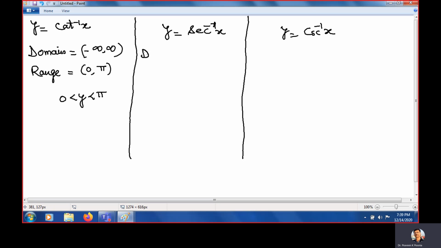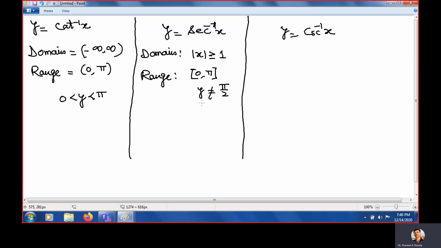If you see here, what is the domain for this? The domain is mod of x greater than or equal to 1, while the range is 0 to pi, but y will not be equal to pi upon 2.